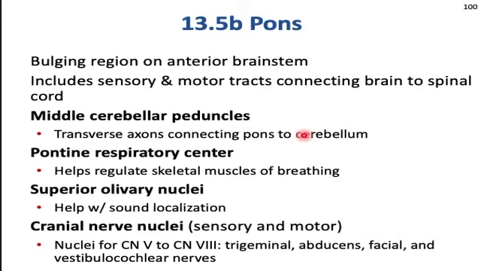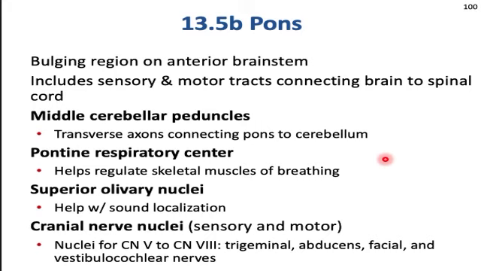The pons is underneath the midbrain and above the medulla oblongata, and it's made up of white matter tracts. The middle cerebellar peduncles are transverse axons that hook the pons to the cerebellum.